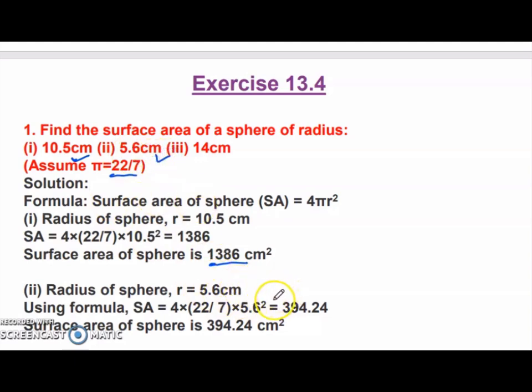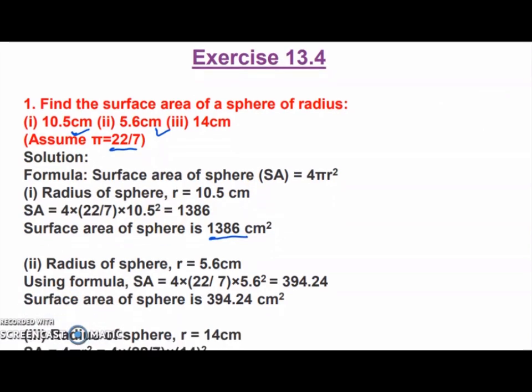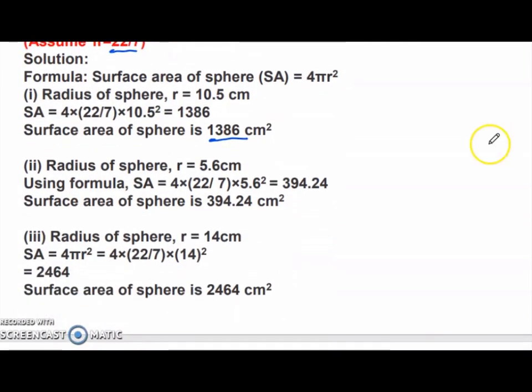In place of r, you will substitute 5.6 the whole square, and in the third one 14 centimeter. So when radius is 5.6 centimeter, the surface area of the sphere will be 394.24 centimeter square, and when radius is 14, then it will be 2464 centimeter square. This will be the surface areas.